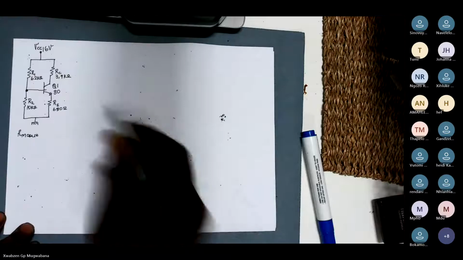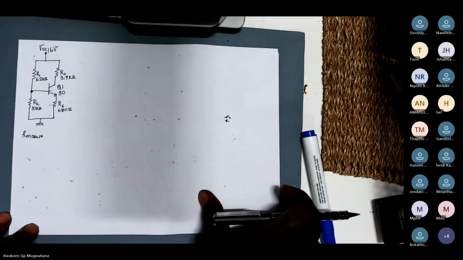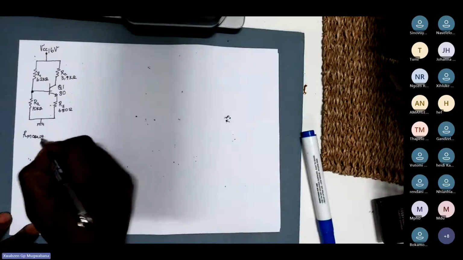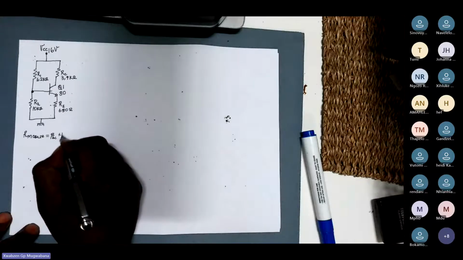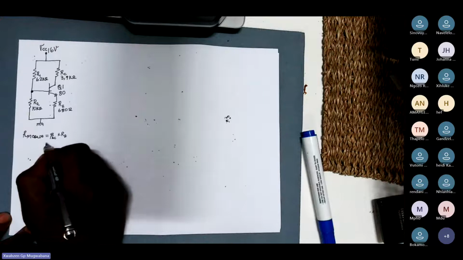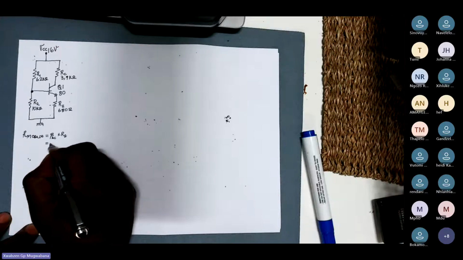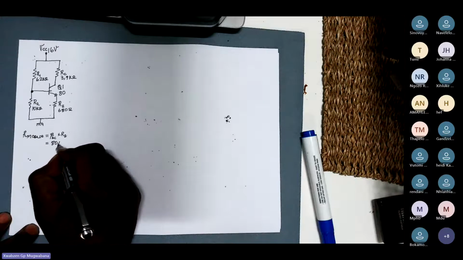R in base will be given by beta DC multiplied by RE. Beta DC is 80.